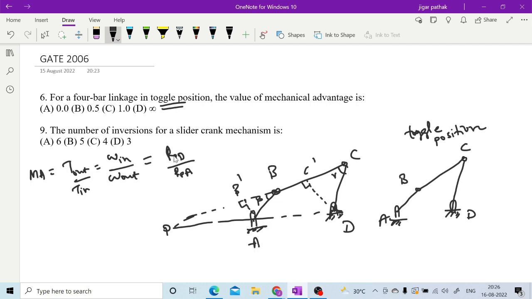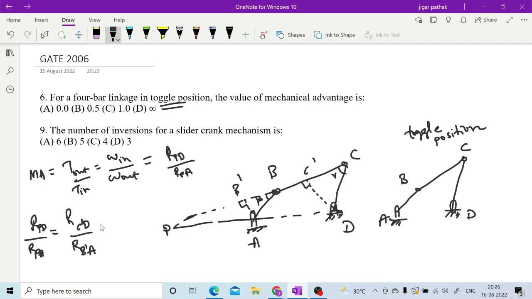So omega in upon omega out will be equal to this r_PD upon r_PA. Now r_PD upon r_PA can be calculated from similar triangle, like r_C'D upon r_B'A. So why? Because PB'A and PC'D are similar triangles, right?